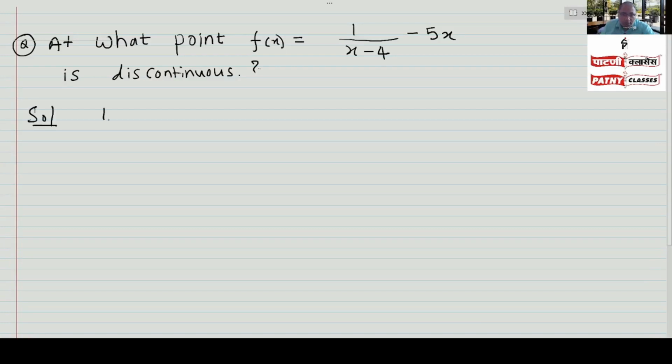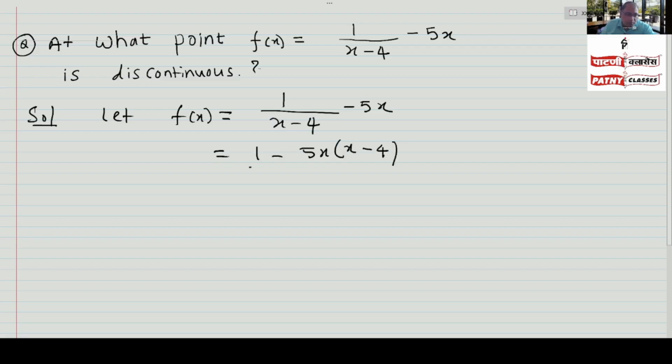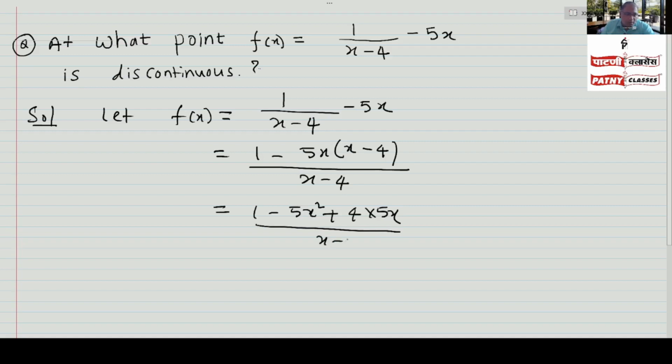Solution: let f of x equals 1 upon x minus 4 minus 5x, which equals 1 minus 5x into x minus 4 upon x minus 4, which equals 1 minus 5x square plus 4 into 5x upon x minus 4, which equals 1 minus 5x square plus 20x upon x minus 4.